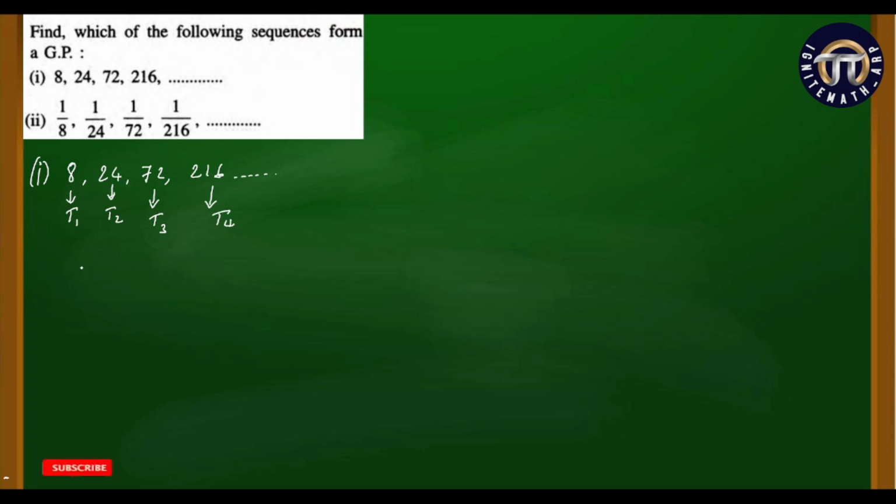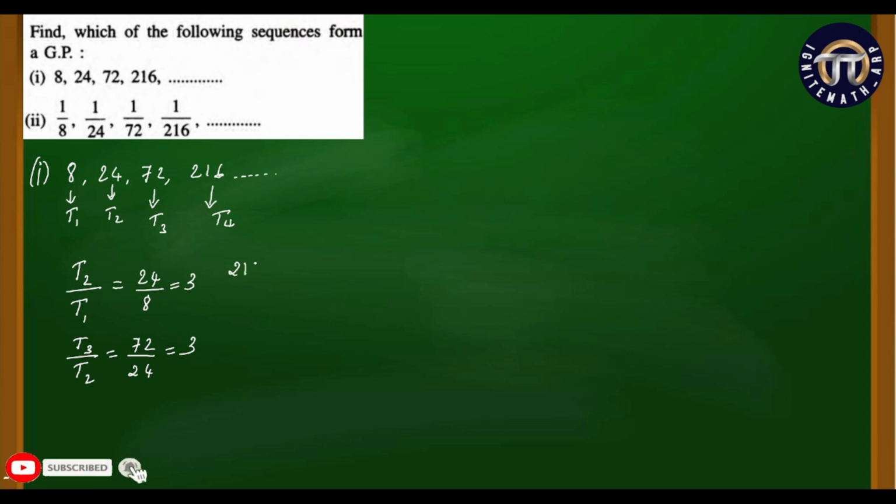So what I do here, I do T2 divided by T1. I'll find out the ratio between T2 and T1. 24 by 8, I will get it as 3. Then I'll find out T3 by T2. So 72 by 24, I'll get it as 3. Later, I can find out 216 by 72. Then also I'll get it as 3.